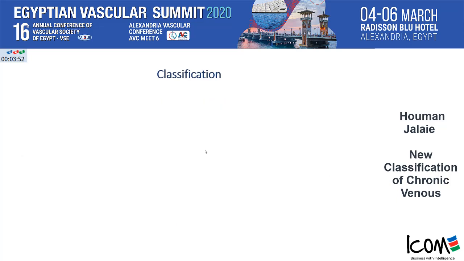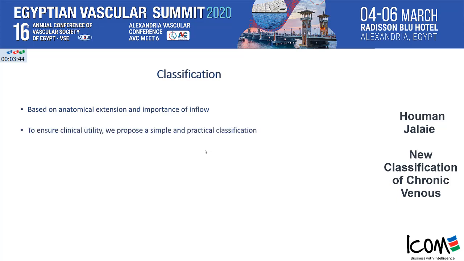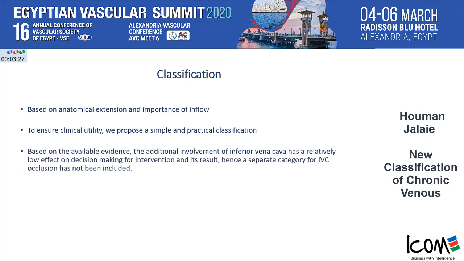So the classification should be based on anatomical expansion, and the inflow is the most important thing. To ensure clinical utility, we propose a simple classification, like type A, type B dissection. Of course, we can include 100 other sources and important things we can discuss about it, but a difficult classification won't be used and doesn't help us.